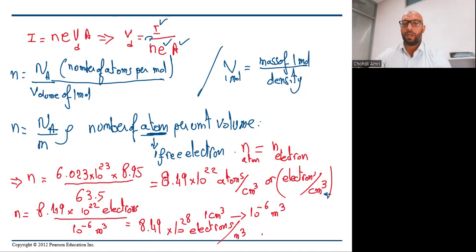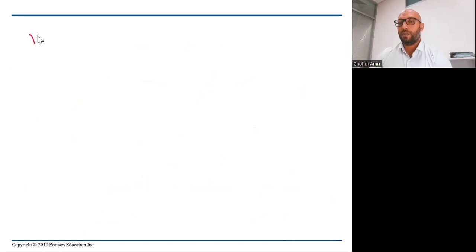Now we can calculate our drift velocity to be I over NEA.